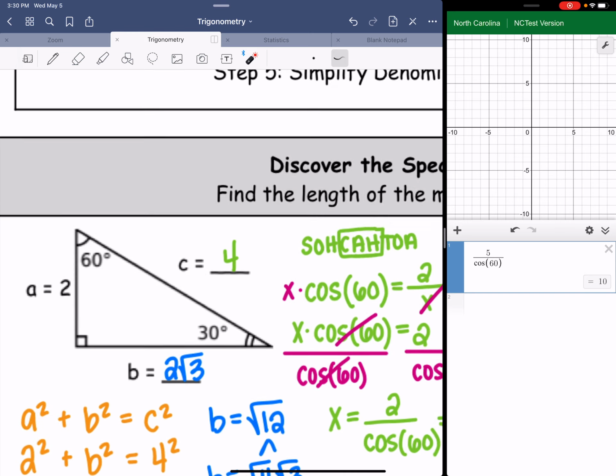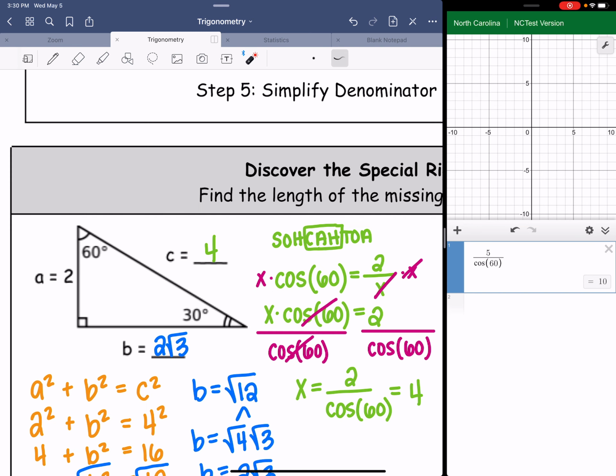So coming up with the rule really comes from just the process of using trig and the Pythagorean theorem to find those missing sides. So you'll find with any 30, 60, 90 triangle, we have what's called the short leg, that's the shorter leg, the long leg, and you have the hypotenuse.